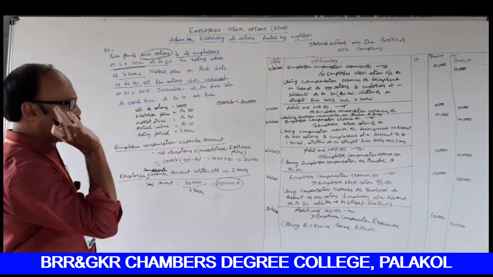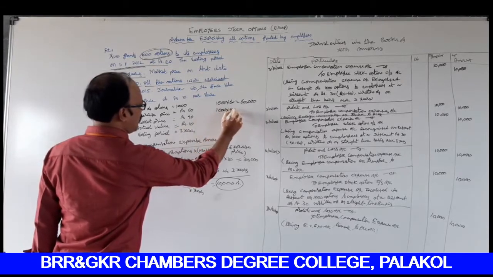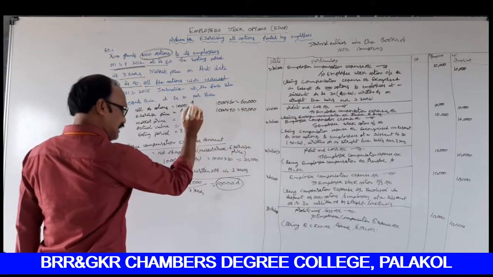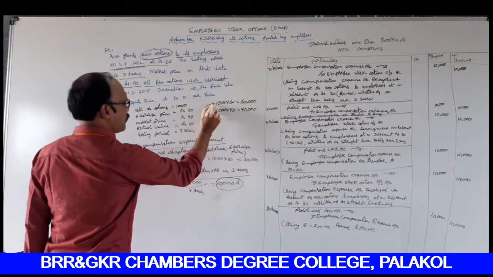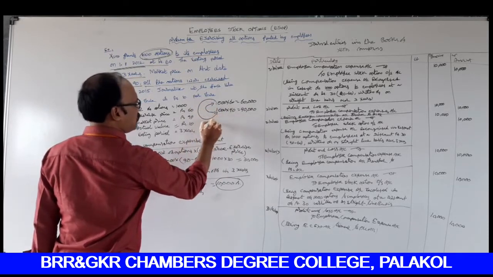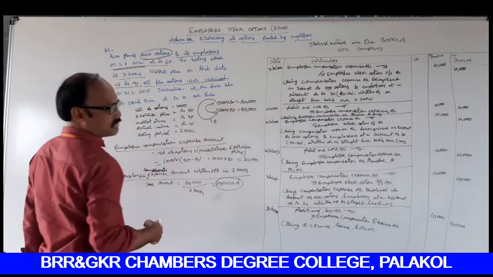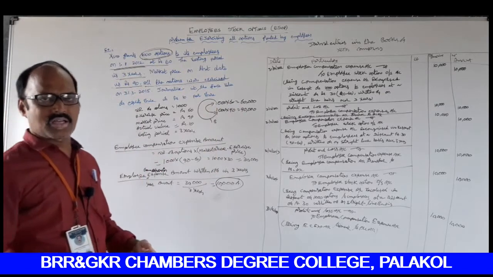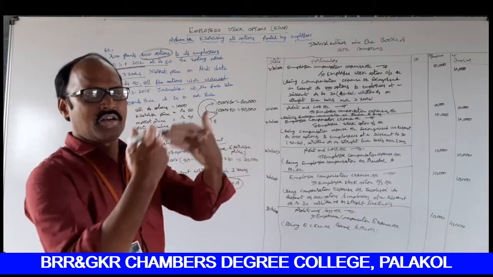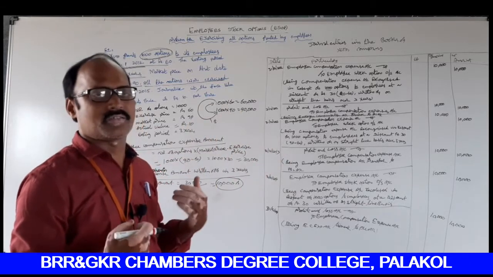Then the company gives 1,000 options worth 90,000 rupees to the employees, and the employees pay the company 60,000 rupees.